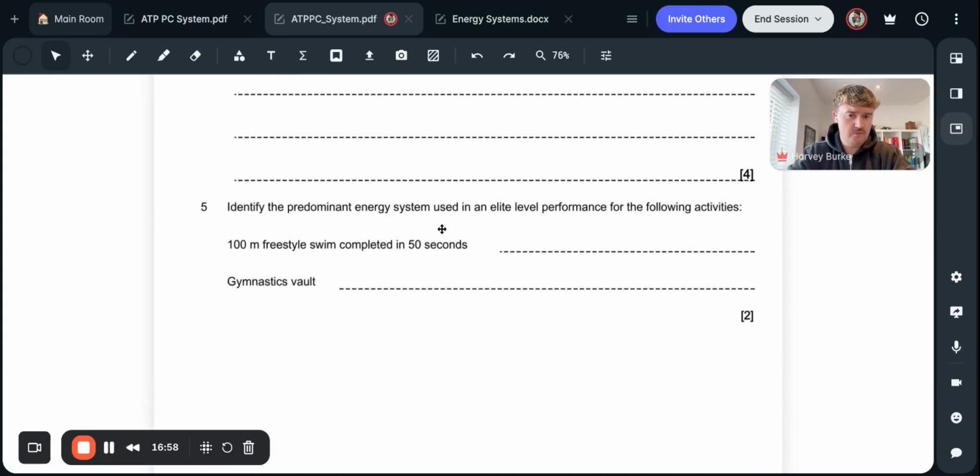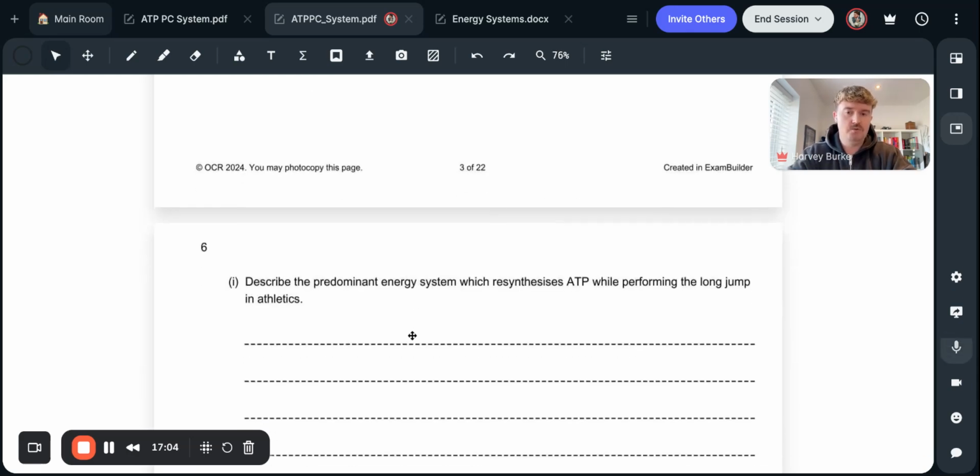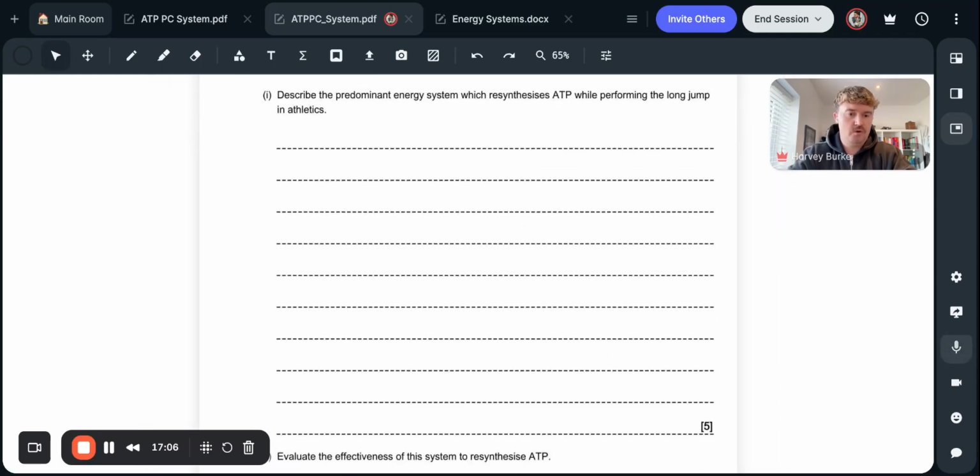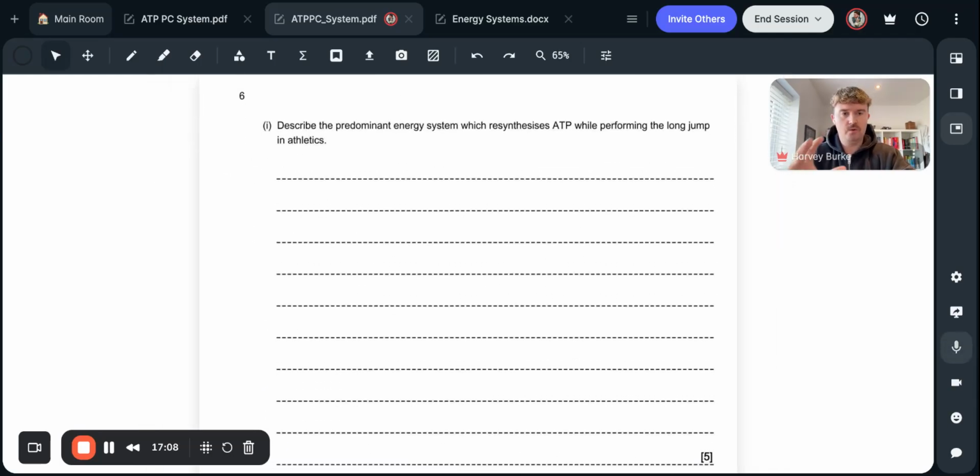So you've got some short mark questions here, just asking when the ATP-PC system would be most dominant. This is what I was on about, where they're not going to tell you to talk about the energy system. So this says, describe the predominant energy system which resynthesizes ATP while performing the long jump in athletics.